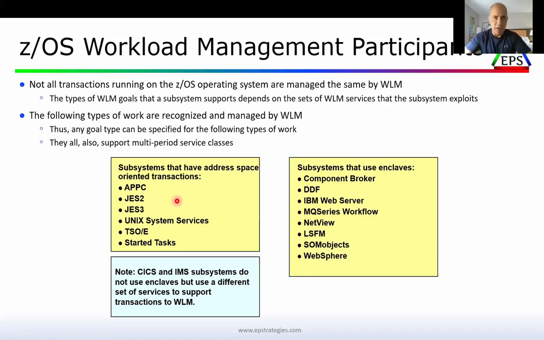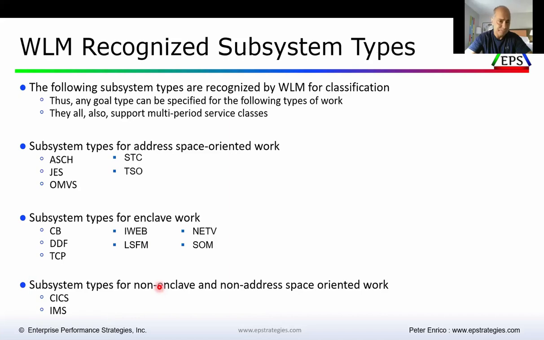As opposed to on the right, where you see component broker and DDF and all that, we're actually classifying enclaves. And down below, we're classifying something that's neither an address space nor an enclave: our CICS and IMS transactions. So that's the topic we're talking about here.